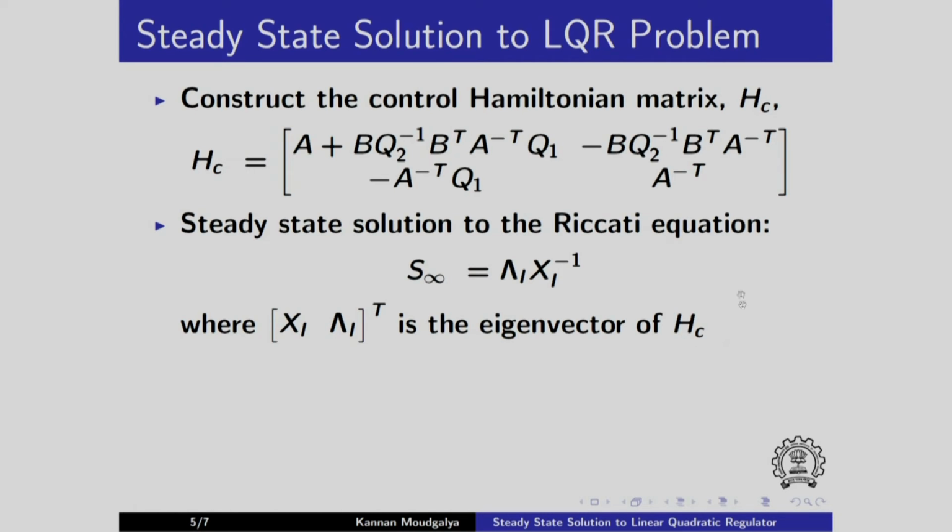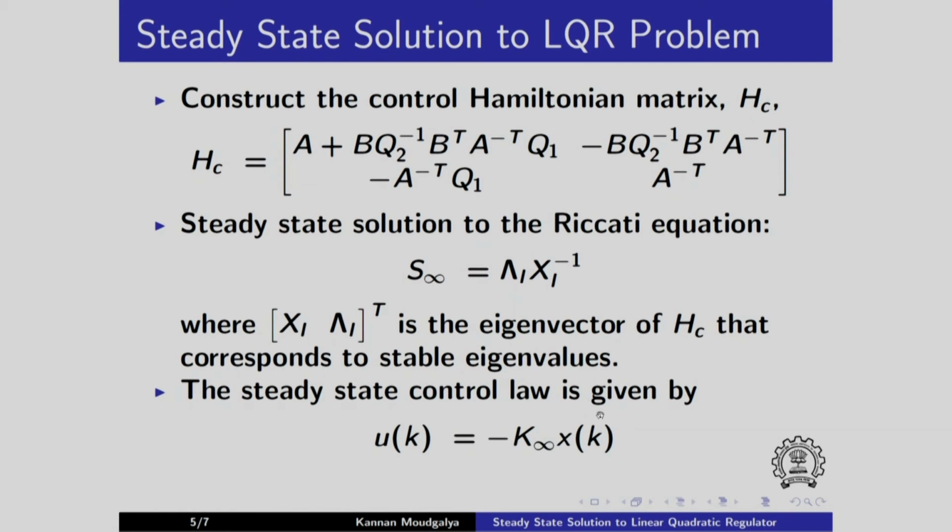Which eigenvector? Because HC could have many eigenvectors. What you have to do is group all stable eigenvalues, collect the corresponding eigenvectors, call that xi lambda I transpose, and find this expression, and that is S infinity.